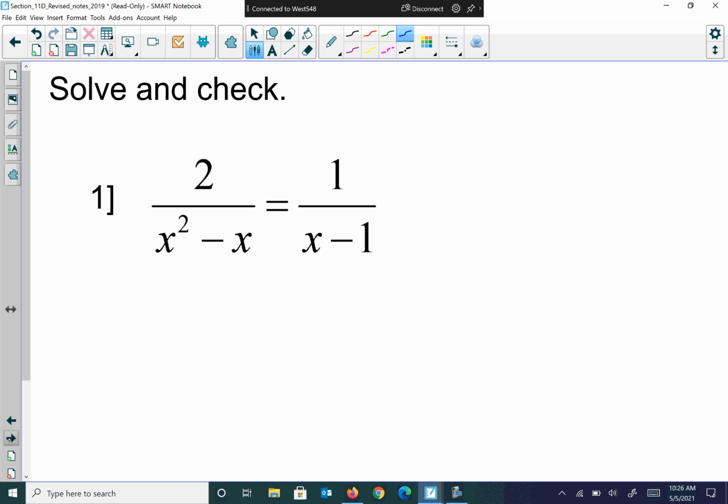All right. So if we have 2 fractions equal to each other, my friends, we can do the fancy-dancy cross multiplication. So I'll get 2x minus 1 equals 1 times x squared minus x.